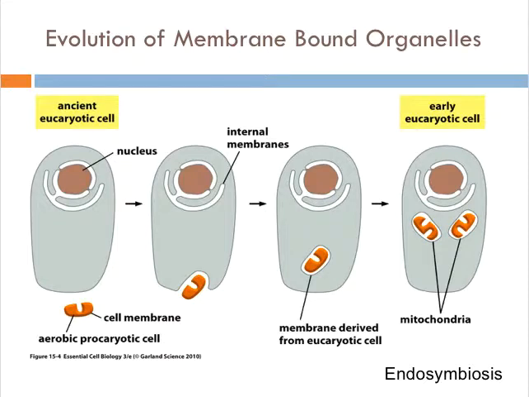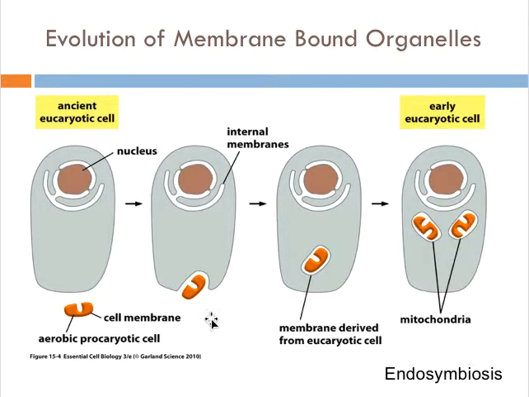So let's take a look at how that happened. We've talked about the process of endosymbiosis before. We have talked about how we had a eukaryotic cell, and at some point there was a prokaryotic cell that had the ability to utilize oxygen. So we had an aerobic prokaryotic cell that was essentially engulfed by this eukaryotic cell.